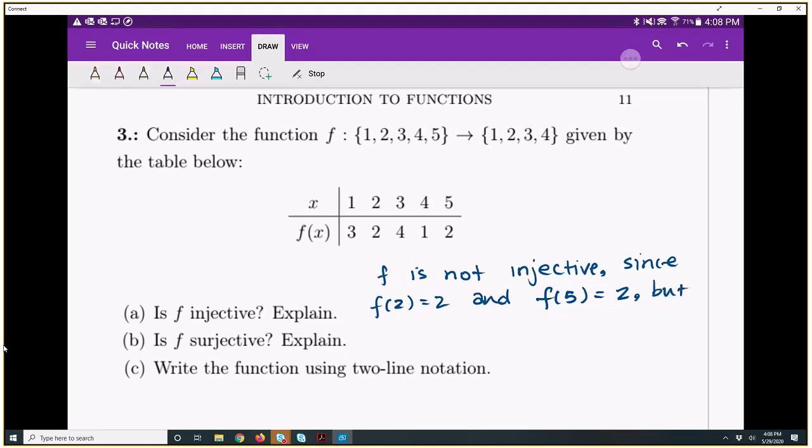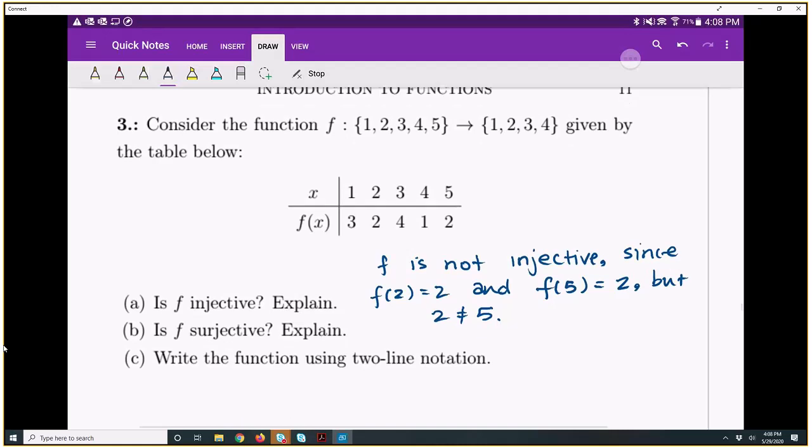But 2 and 5 are distinct elements in the domain. So in order to be injective, they would have to go to distinct elements in the codomain.